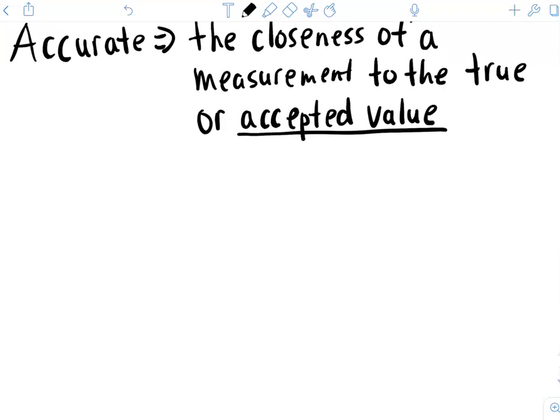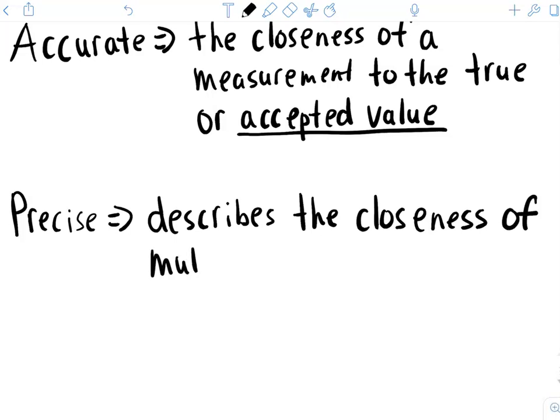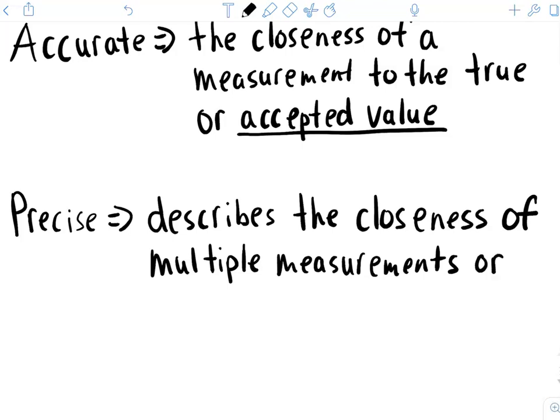And then to be precise describes the closeness of multiple measurements, or its reproducibility.